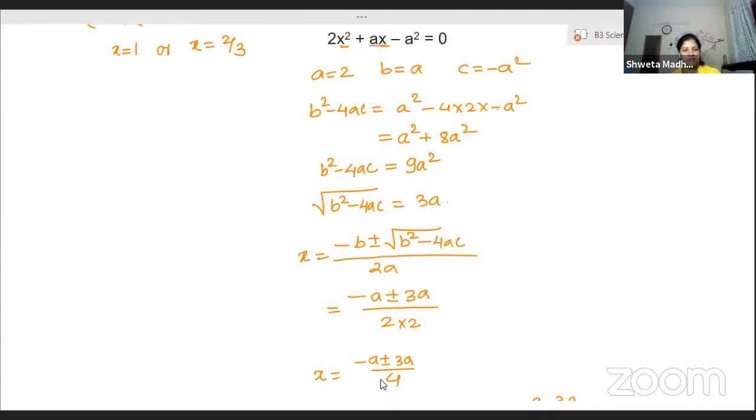8, 9, 10th, 11th, 12th, or solve all? No, 11th is not needed. Solve all by formula only. Remaining questions of the first type are by formula. No, 13th and 14th you can solve by factorization.